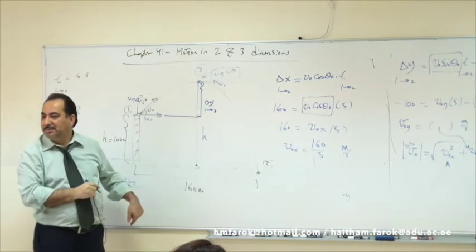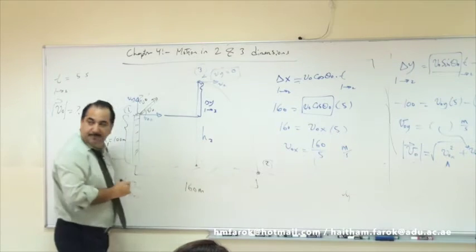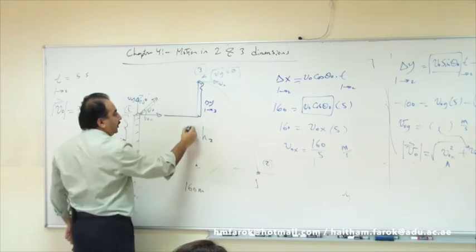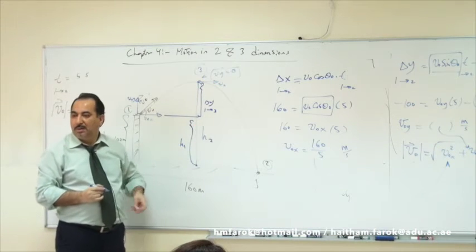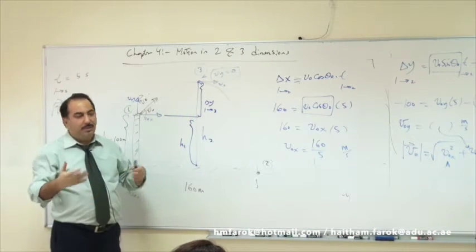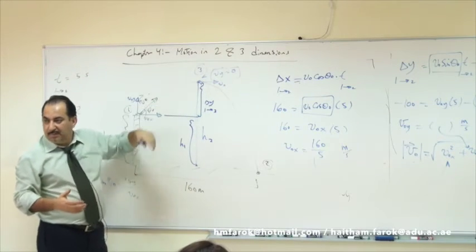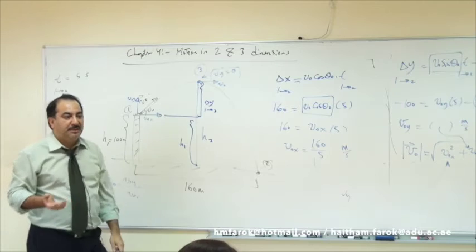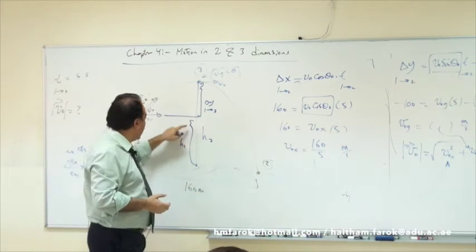It gives me h. Let's call this one h1 because this will be h2, yeah? So from here to there is h1. Anyway, delta y will come out positive because it's above. Okay? That's it. So find delta y between 1 and 3 and add it to the height of the building.